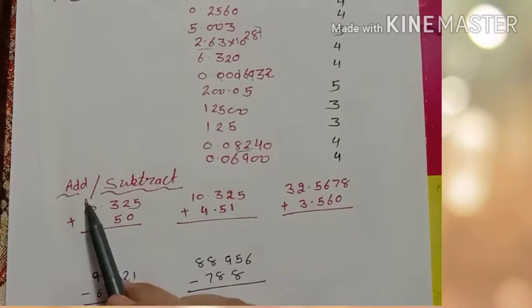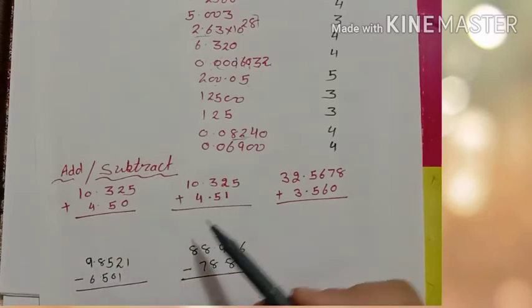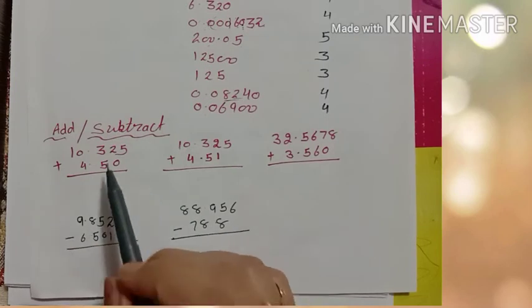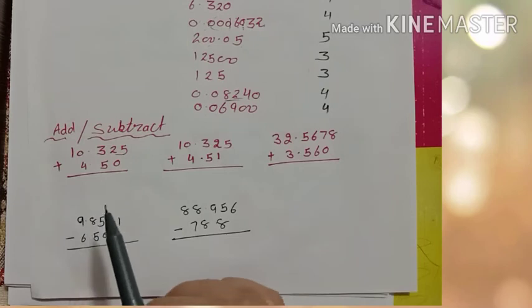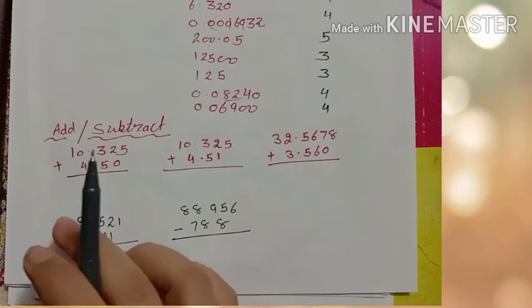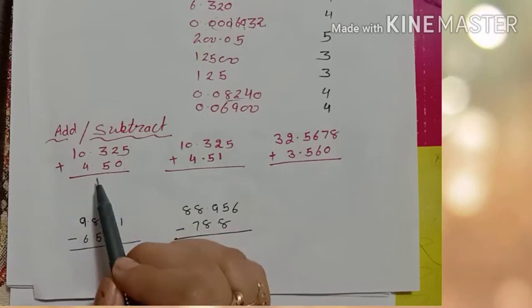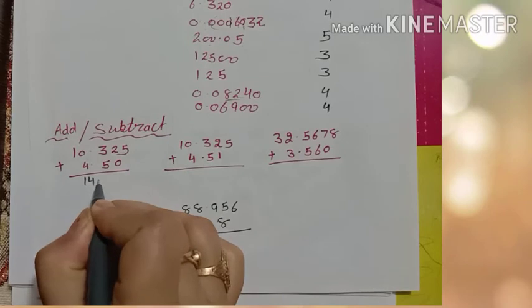Now we take addition and subtraction for significant figures. When we add or subtract any two numbers, the answer will come with the least number of significant figures. One number is 10.325 and the other is 4.50.